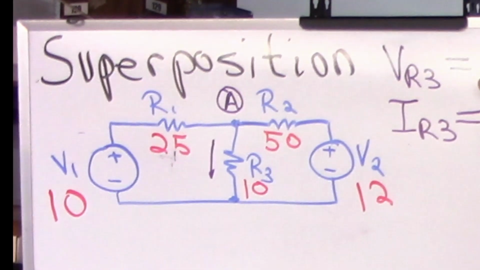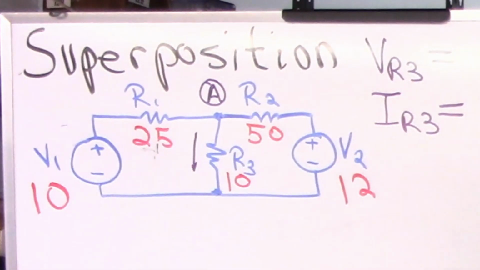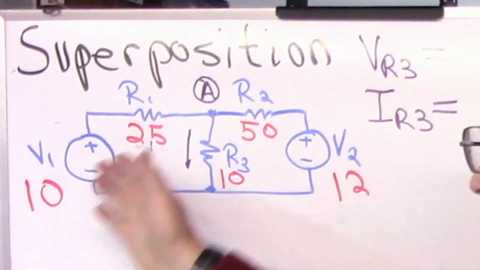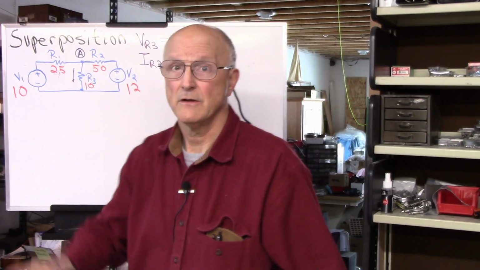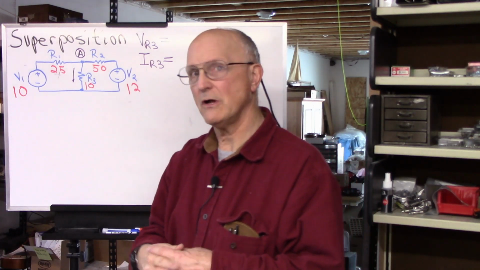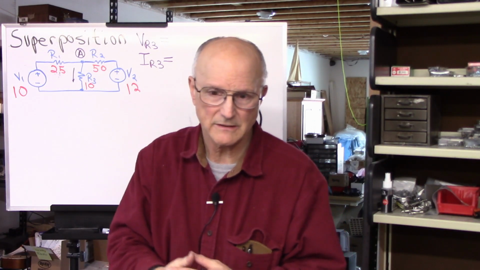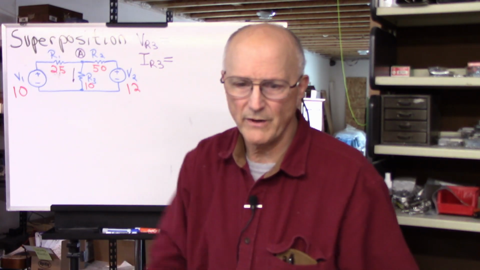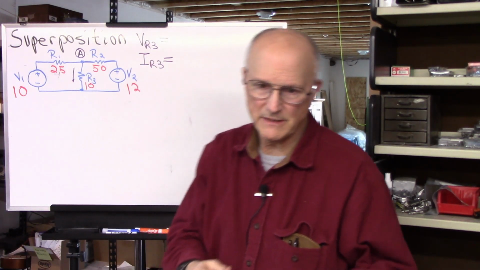And you're asking the question, what is the voltage across R3 and what is the current through R3? But you have two different voltage sources. You could write KCL, or Kirchhoff's current law, and Kirchhoff's voltage law equations around this and solve all that simultaneously, but there is an easier way to do it. And that is using superposition.